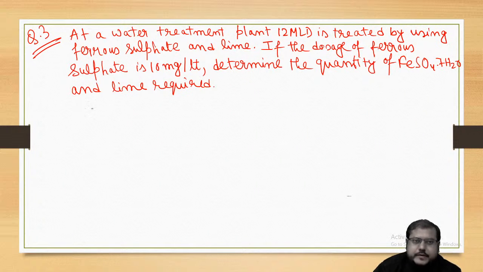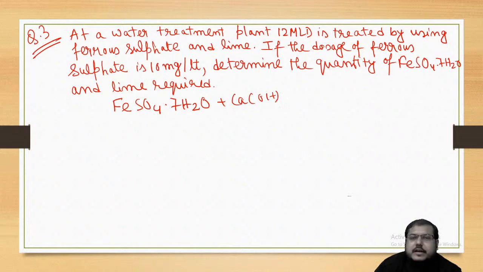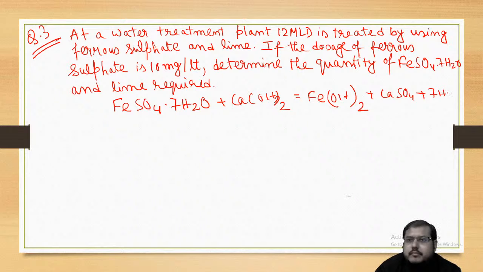Luckily, they have given you the equation here. GATE 2008 question. FeSO4·7H2O plus calcium hydroxide gives Fe(OH)2 plus calcium sulfate plus 7H2O. This equation is given. Now solve this question.